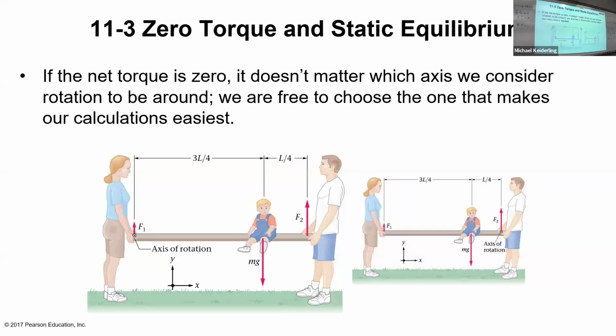Because if you have multiple unknowns, you can get rid of one of them by putting it at the axis. So here, for example, I would either put the axis of rotation at F1 here or F2 here. If I choose this one, F1 will cancel out of my torque equation. If I choose this one, F2 will cancel out of my torque equation.